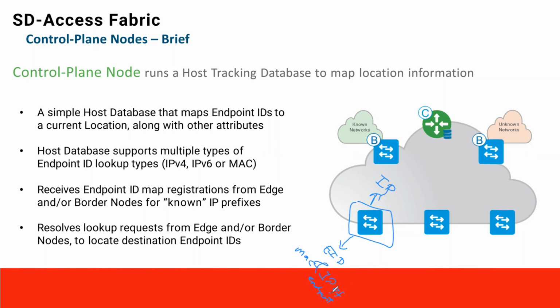If it reconnects and gets a new IP address, still the edge node will handle it. See, what happens with any new connection: if the edge already has its database updated, then there is no need to inform the control plane. But if any new endpoint connects, it will first go and update the control plane.